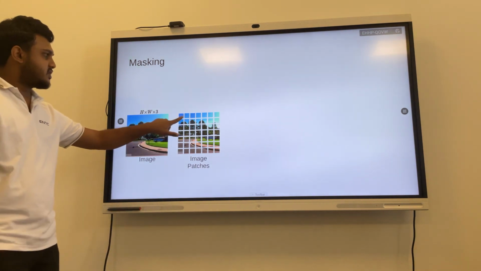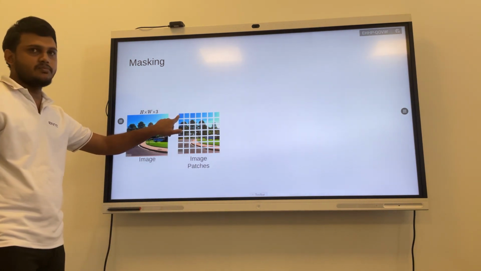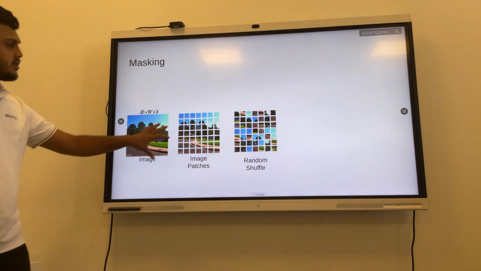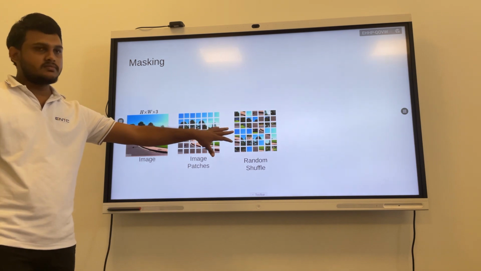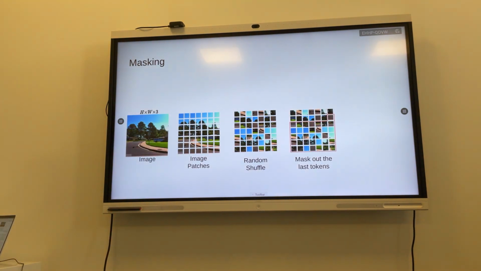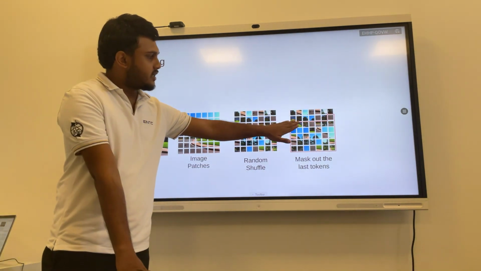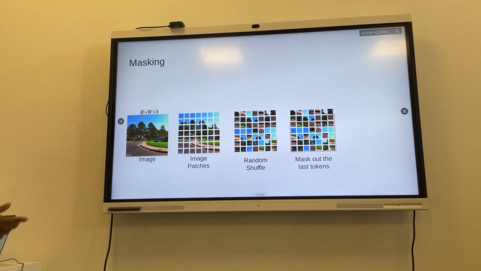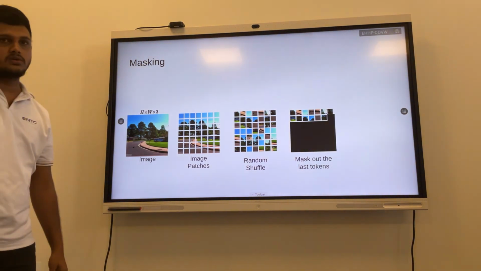So in this case, we can think this is a 16 by 16 pixel patch, and then what they will do is they will randomly shuffle these patches, and then according to the masking ratio they are choosing, they will select the last part of the mask list and the token list, and they will simply mask it out.